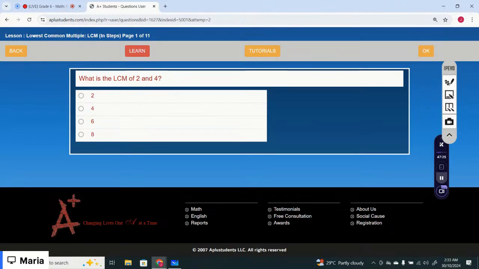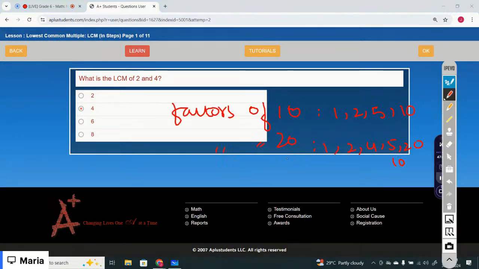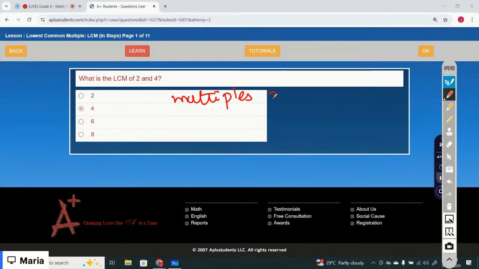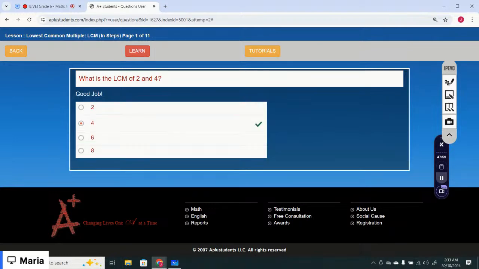The correct option is 2. You need to write down the multiples of 2 and 4, right? So, let's write down the multiples of 2 first. Multiples of 2 are 2, 4, 6, 8, 10. And then the multiples of 4 are 4, 8, 12, 16. So the smallest common multiple they have is 4. The least common multiple of 2 and 4 is 4.